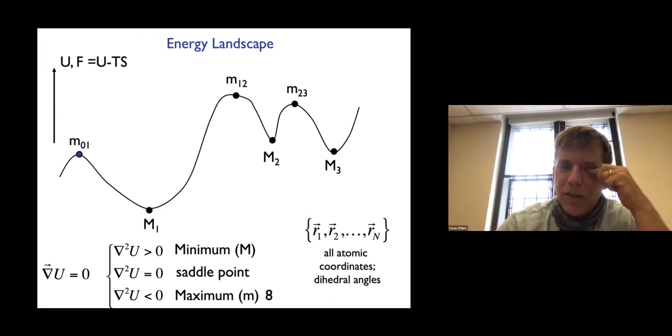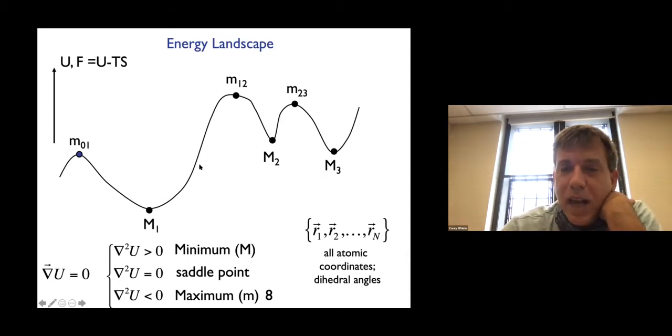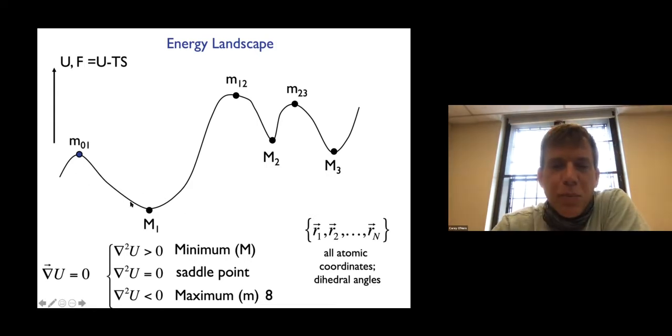In 2 dimensions, it's a sequence of minima, maxima, and saddle points. What I'm drawing here is that the horizontal axis represents the positions of the atoms, or equivalently the conformations of the dihedral angles. At every point along this line is a configuration of the atoms, and there's an energy associated with every possible position of the atoms.